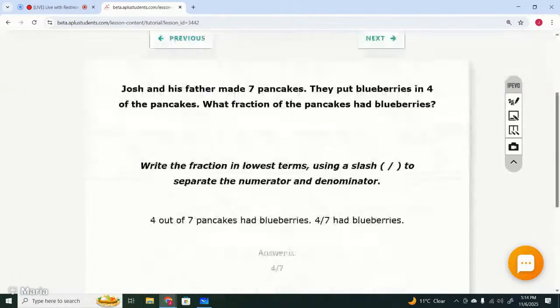Josh and his father made 7 pancakes. They put blueberries in 4 of the pancakes. What fraction of the pancakes had blueberries? The 7 pancakes in total, right? And 4 of them had blueberries. So that is 4 out of 7 had blueberries. The correct option is 4 out of 7.